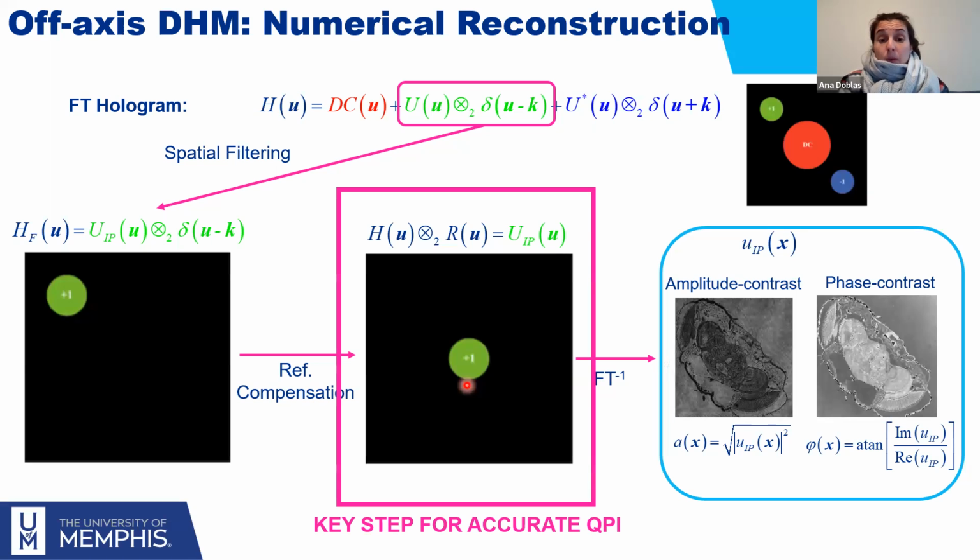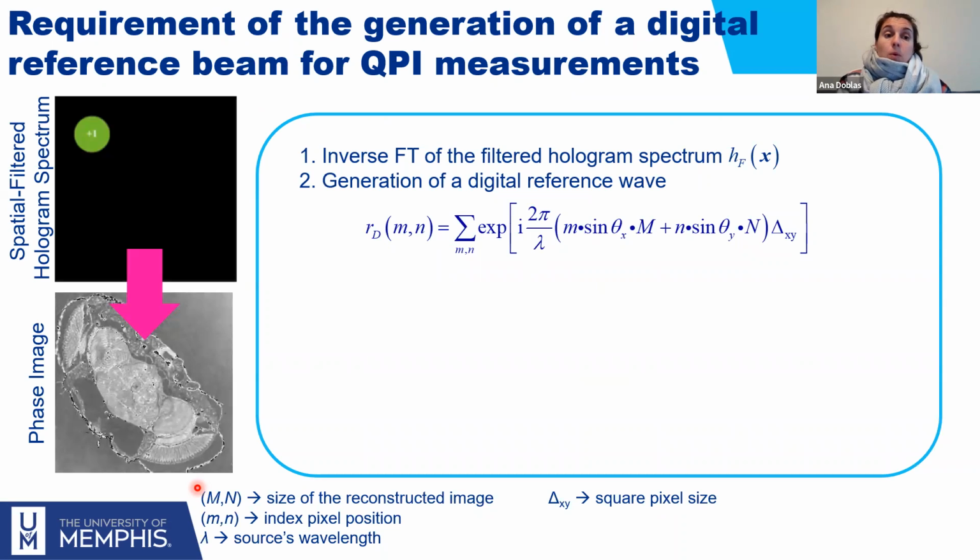This step, the one for compensating, is simple to understand, but if we don't perform it with enough accuracy, we're gonna have distorted phase images. So for example, we want to reconstruct and center it. How we do it is not in the Fourier domain.